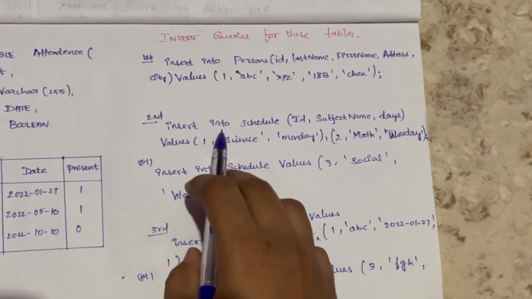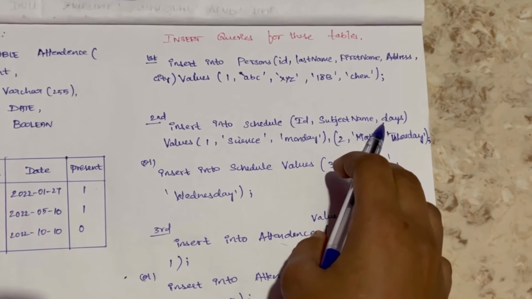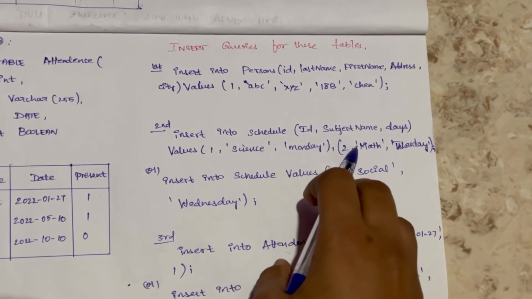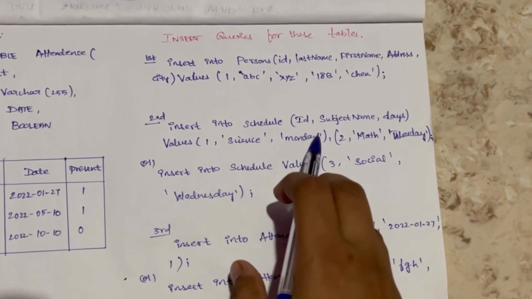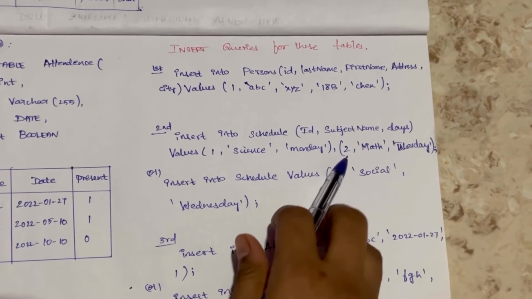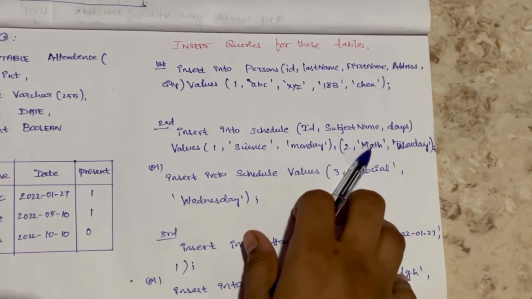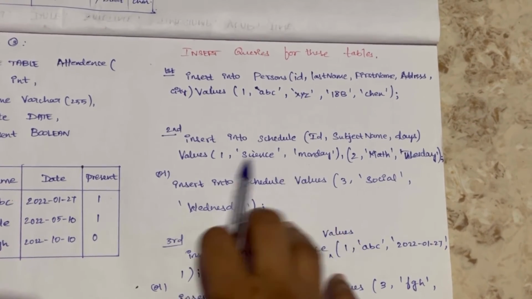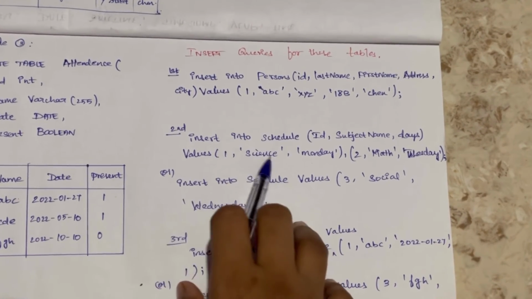Okay, next, insert into schedule is the table name. It has 3 columns and values. So here we are continuously inserting values, till this it's same as the previous query, but here we are giving comma and we are giving the second set of values, that is values for second row, or second record. So similarly we can give n number of records, that is we can insert n number of records into the table at a time.